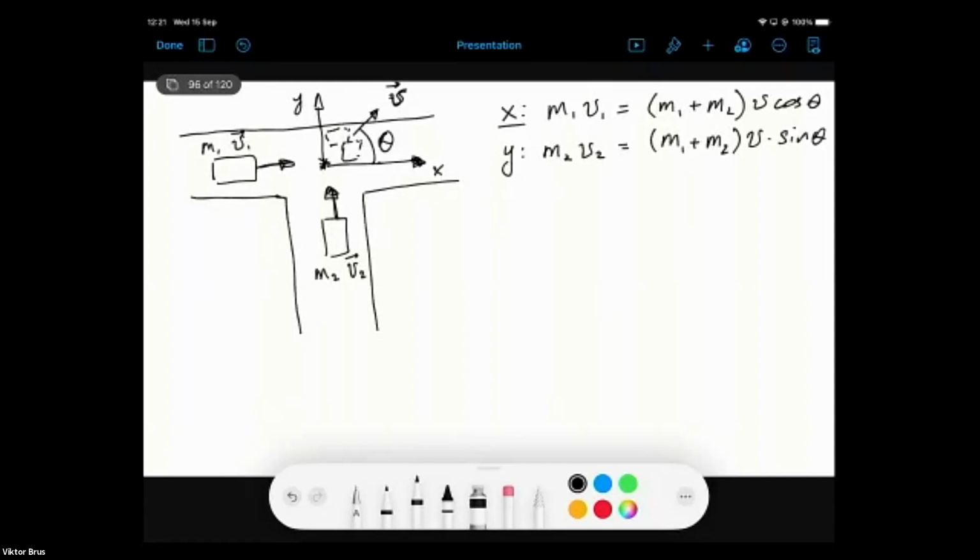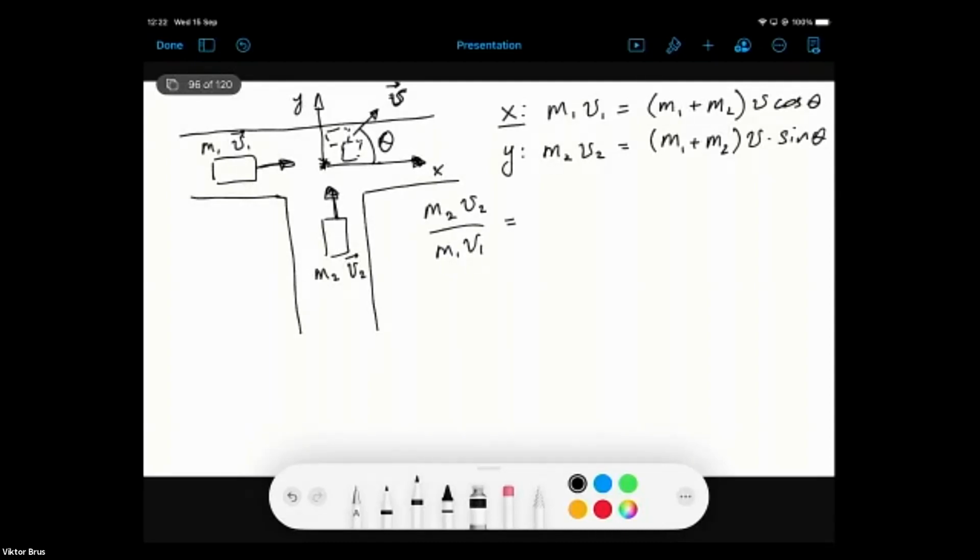And what can we get out of it? We can divide the second equation by the first equation. If we do, we will get such a ratio: m2 times v2 divided by m1 times v1.